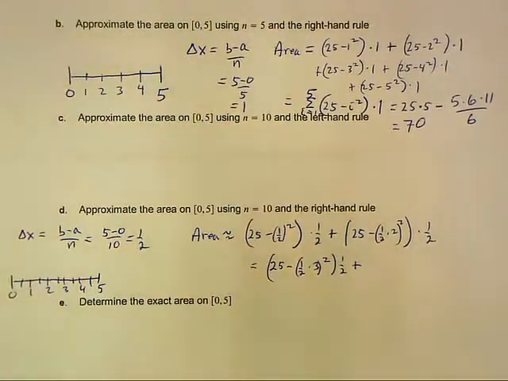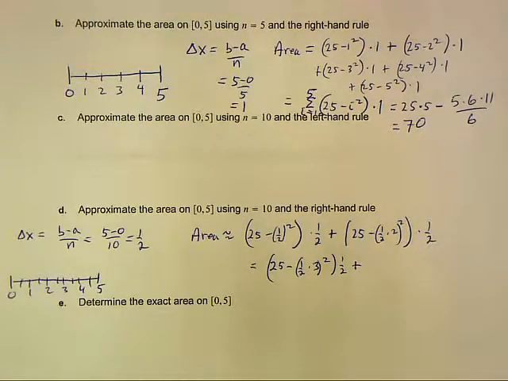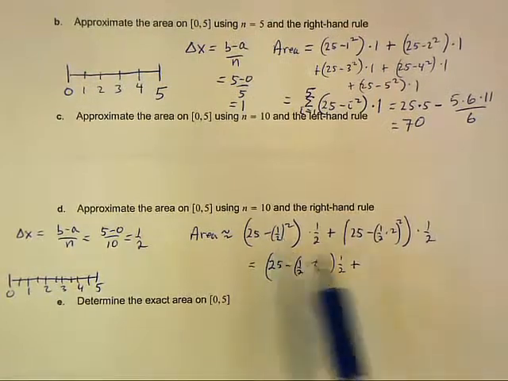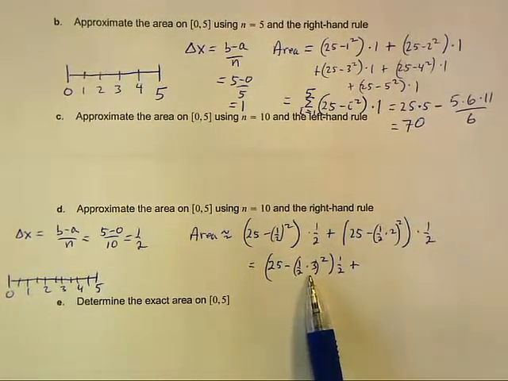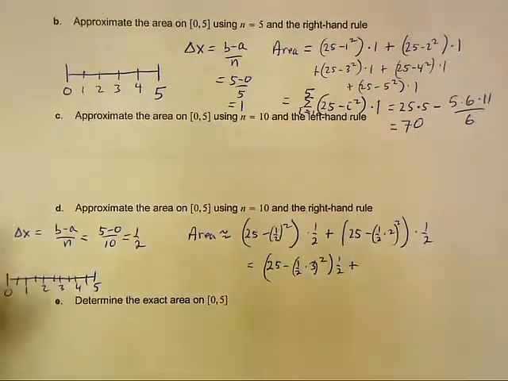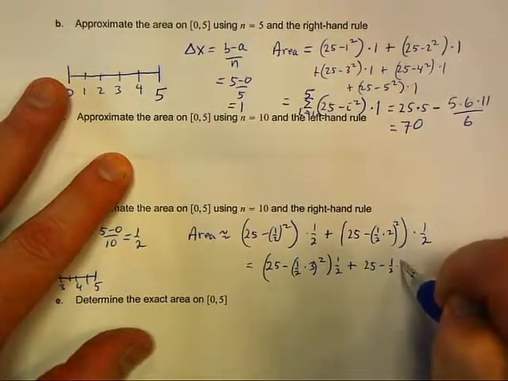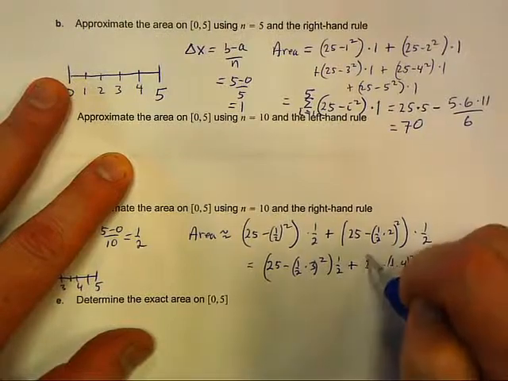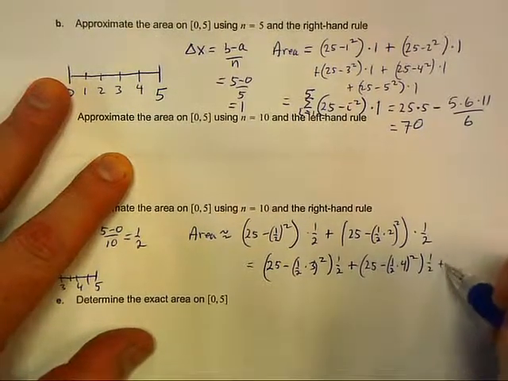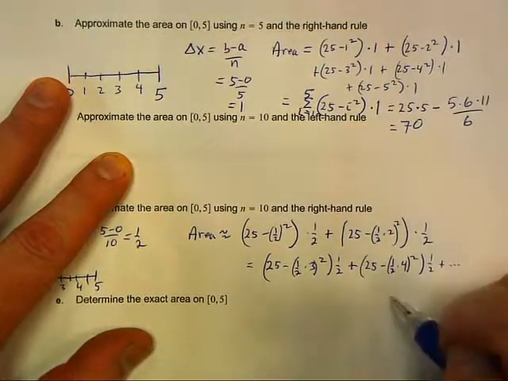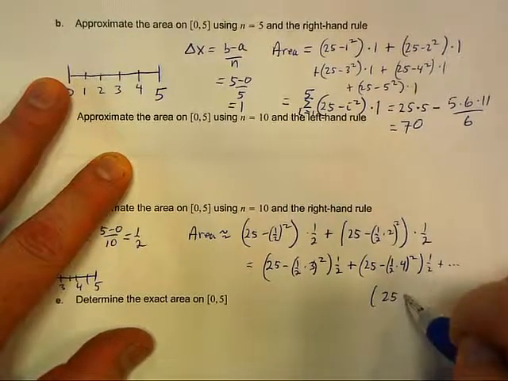Plus, we'll do one more of these, and then I think we'll convince ourselves we have a pattern. What's the next number that I plug in? 1/2 times 4, right? So I went 1/2 times 1, 1/2 times 2, 1/2 times 3. The next one's going to be 1/2 times 4. So it's going to be 25 minus 1/2 times 4 squared, all times a half, plus, and then what would the last one be?